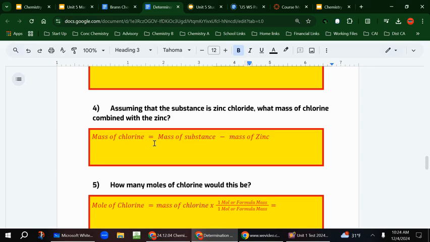When you get that mass of chlorine, ladies and gentlemen, now you are going to put it in here, and we're going to use 1 mole and formula mass for chlorine to figure out how many moles of chlorine reacted. Now, again, what goes on top, what goes on the bottom to go from grams to moles?